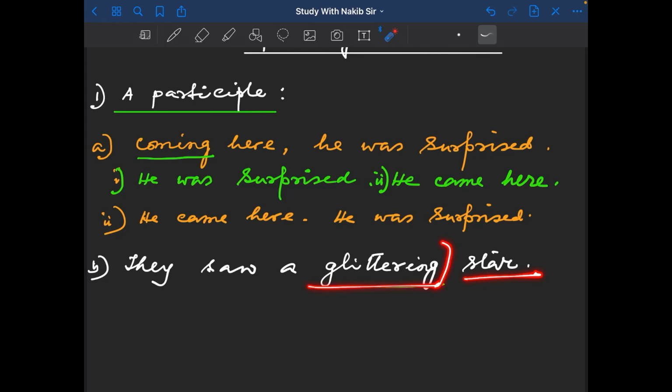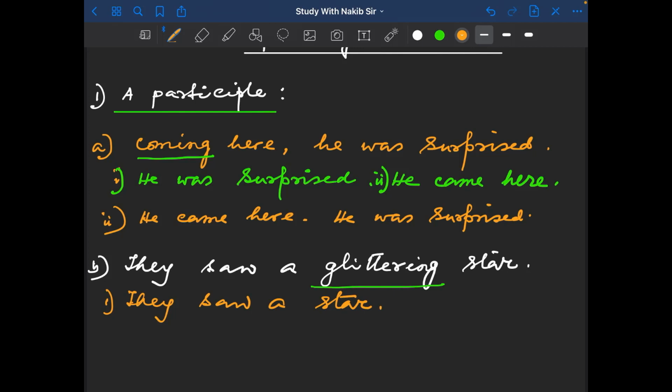So for this participle we'll make one separate sentence, and glittering is the present participle, and for this we'll get a sentence with an active voice of the verb. Now see, break the sentence. They saw a glittering star. First write, number 1, they saw a star.